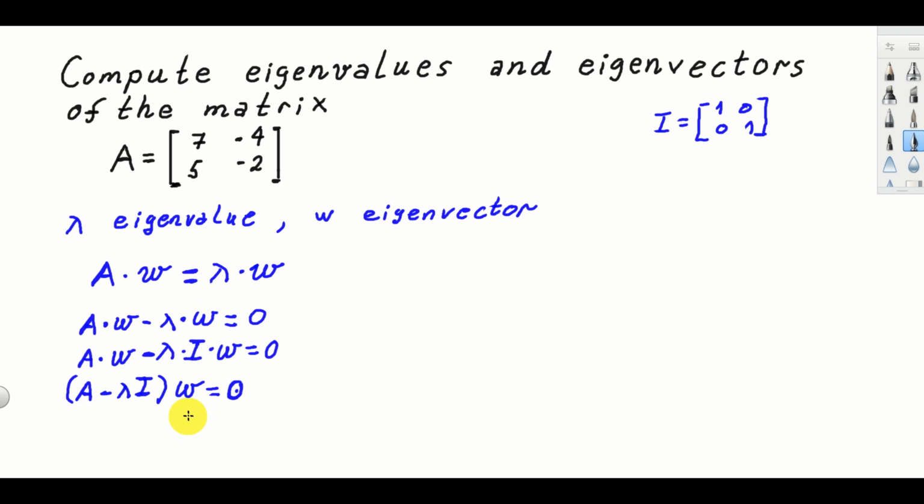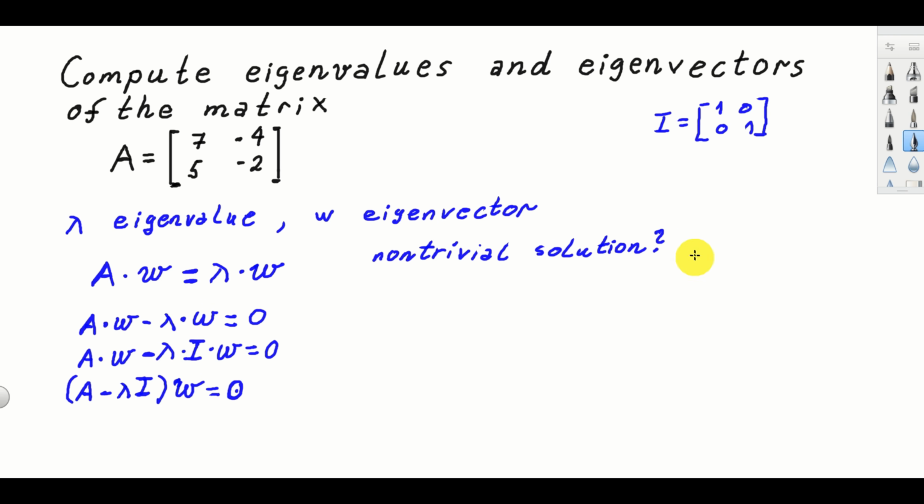Okay, now the main question is, when does this system have a non-trivial solution? What is a non-trivial solution? The non-trivial solution is a solution W whose at least one entry is not equal to 0.